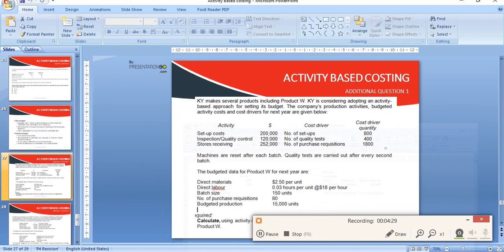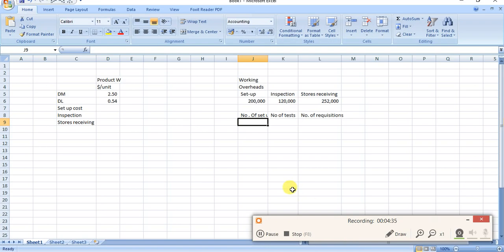All given to you, nothing to calculate. Number of setups 800, number of tests 400, number of requisitions 1800.